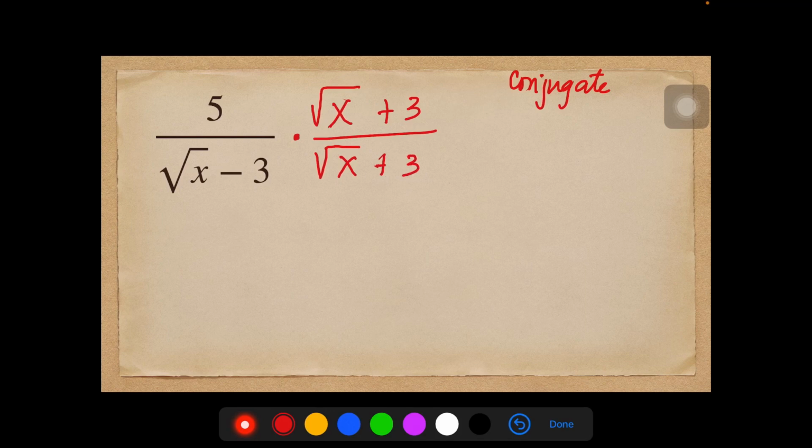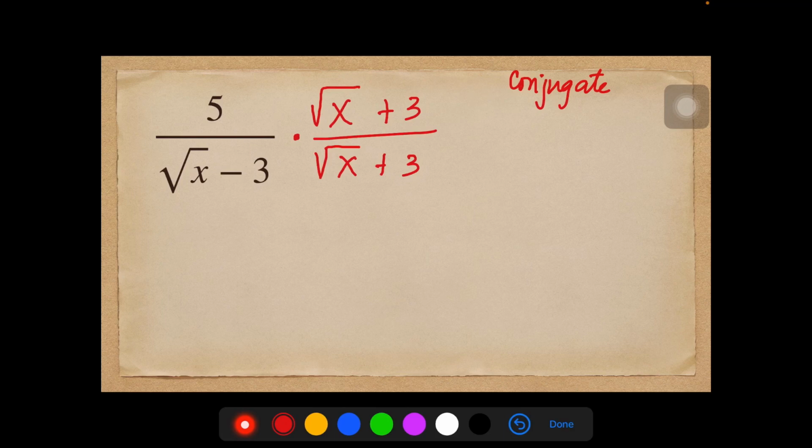Take note, the conjugate is just a change of this negative sign into a positive. That's the simplest way to explain it.